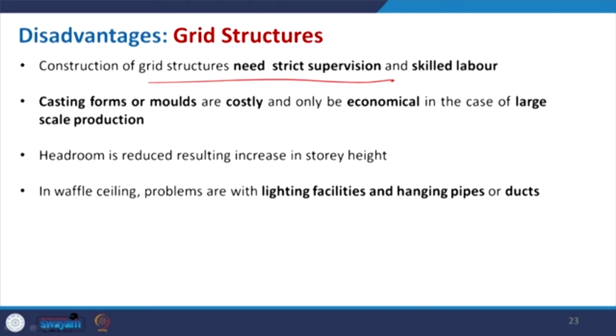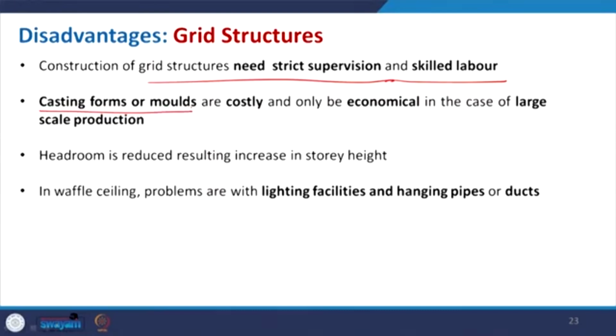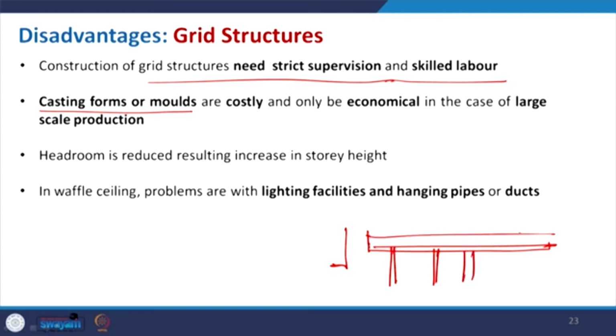Definitely proper execution is required, not only the design, but also during the execution, the proper alignment of the reinforcement and the formwork, especially, is required to be very accurate to get the desired result. Now, casting of that formwork or molds to get this particular form. Suppose when you make the shuttering for the flat slab, it is very simple. We give a horizontal member and the vertical props, and we lay the concrete.